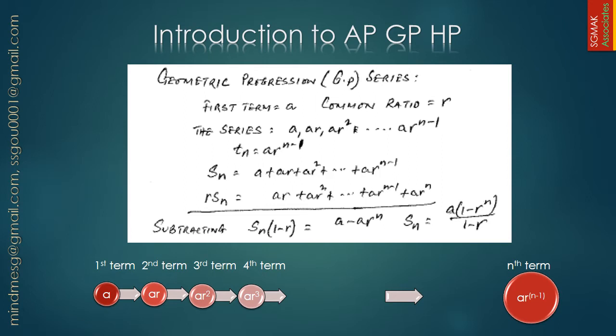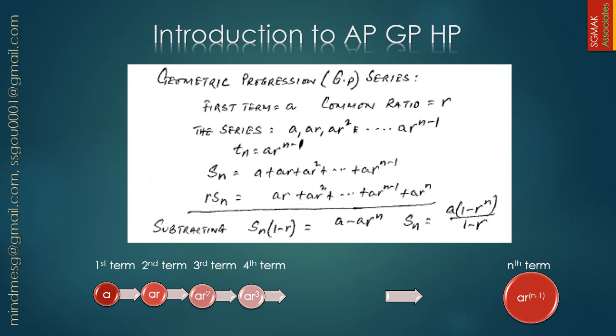Now in our notation, S sub n is the sum of n terms, which is a plus ar plus ar squared up to ar to the n minus 1. This is an easy way to remember the sum. If you multiply the first line by r and write it by shifting one term to the right, that's how the second line looks. Then if you subtract the second line from the first, you get S sub n times (1 minus r) equals a minus a times r to the power n.